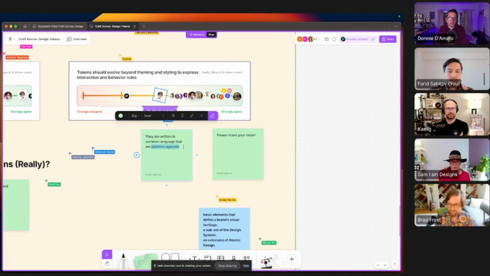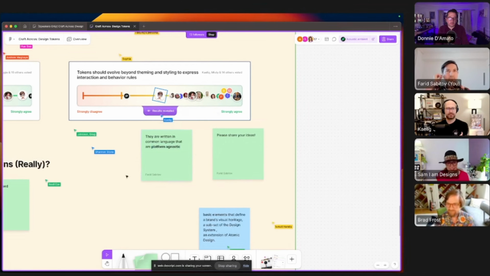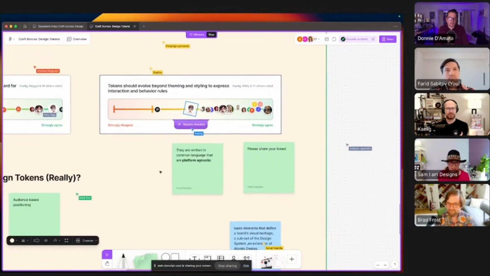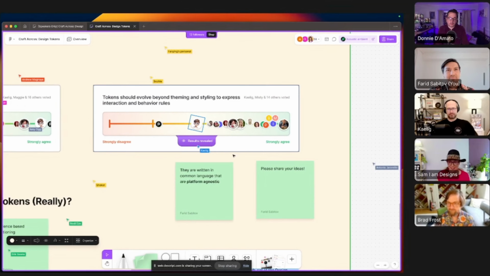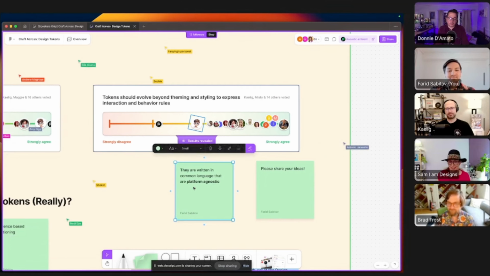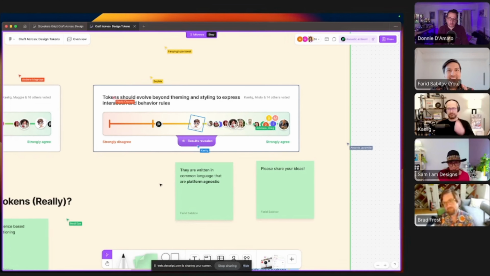The fundamental building blocks of what a token is and what has to be included in it and how those are written in code, those have to be standardized. But if we were to say that the naming of tokens has to be standardized, well, then we also have to say that the naming of components and component architecture has to be standardized, because ideally you're writing tokens that are in line with code, because the whole point of a token is not really for designers to capture a decision, but so that we can give that decision to somebody else so that they can use it in the tools and the tech that they want to do.